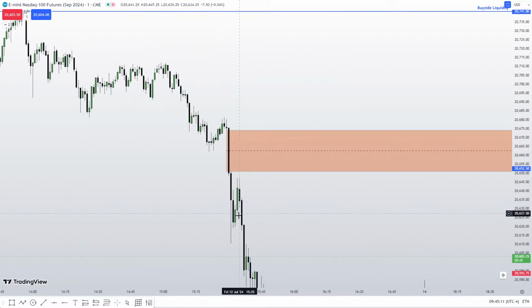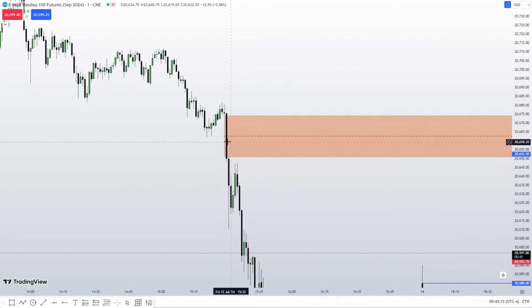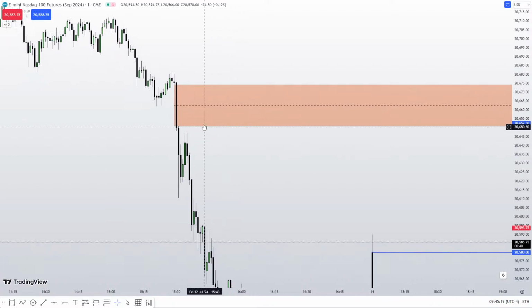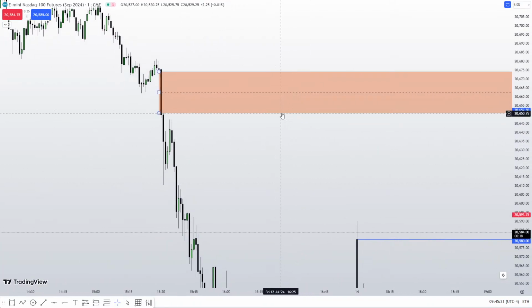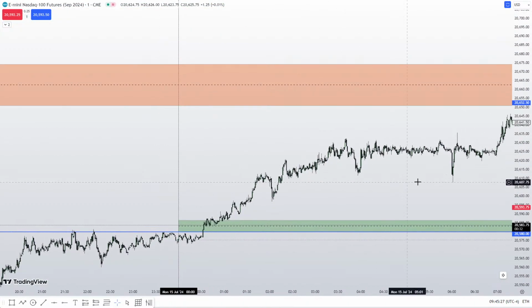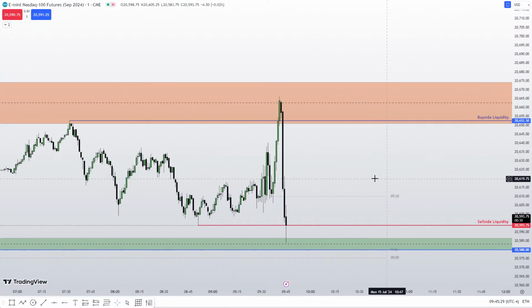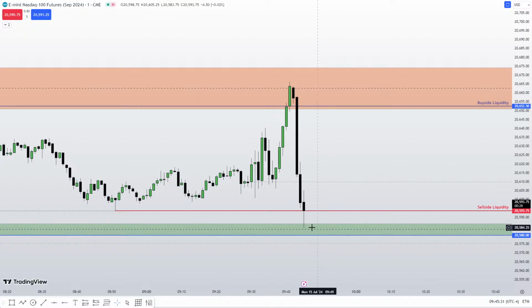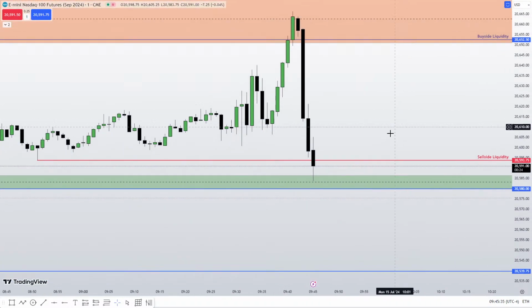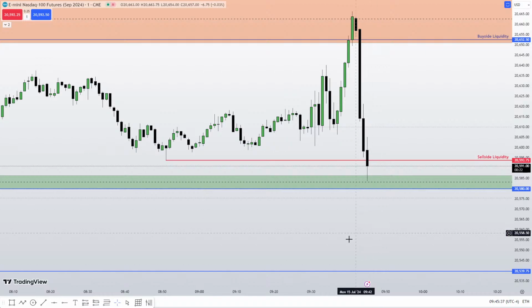Last fair value gaps work as a strong resistance if we are expecting some bearish price action. So let's see. We tapped into the last fair value gap of H1. My bias is bearish, so I'm expecting it to get filled, not support the price.